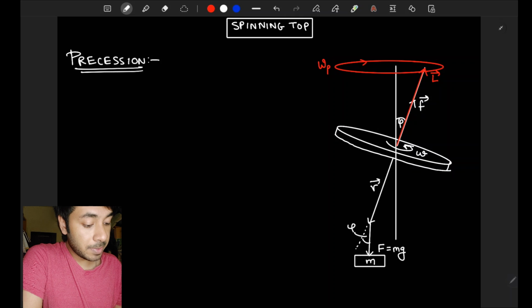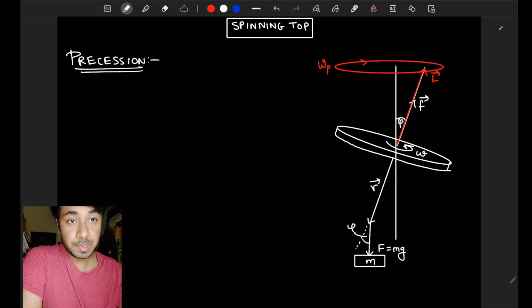You have the figure axis, the symmetry axis, with a vector f, and you also have the spin moment L. The angular velocity of the precession is omega p, which is of course different from the other omega that we have on its own axis. Then you have a phi. Basically, it is inclined from its previous symmetry axis, previous axis of rotation, by an angle of phi.